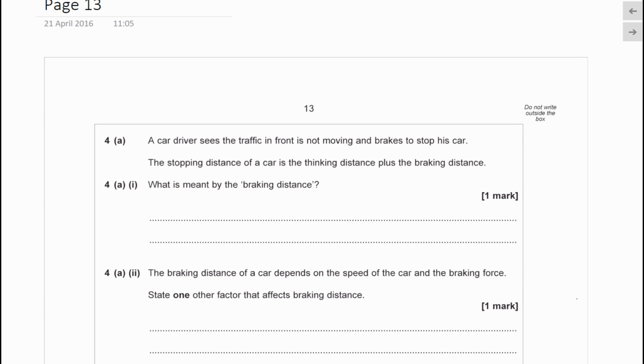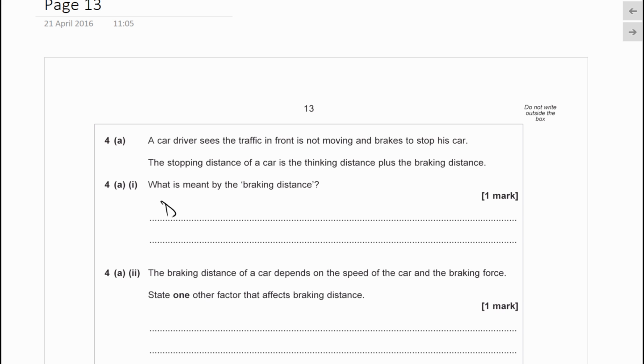So question 4 now. It says that a car driver sees the traffic in front is not moving and so he brakes to stop the car. The stopping distance of a car is the thinking distance plus the braking distance. That's true, we've learnt that before. What is meant by the braking distance? Well, the braking distance is basically how far the car travels when the brakes are applied.